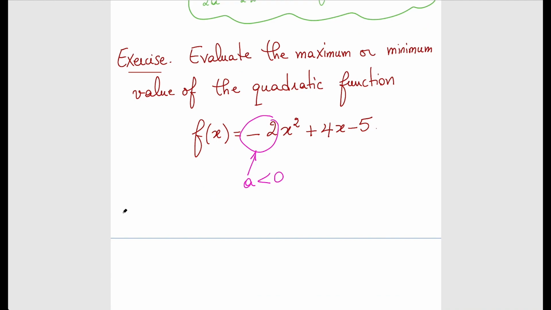Since a is equal to -2, which is negative, the function doesn't have a smallest value, or a minimum, but it does have a largest value.